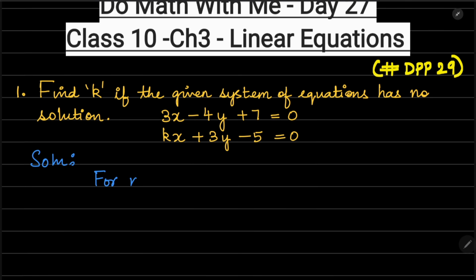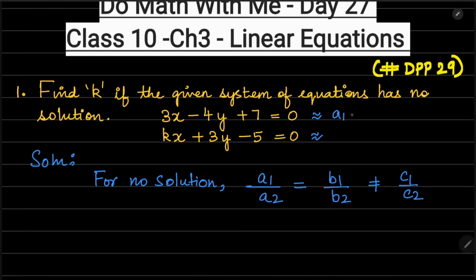So write down, for no solution, a1 by a2 should be equal to b1 by b2, but this ratio cannot be equal to c1 by c2. As you know, the system of equations can always be represented as a1x plus b1y plus c1 equal to 0, and then a2x plus b2y plus c2 equal to 0. So this is the general representation of a system of equations.